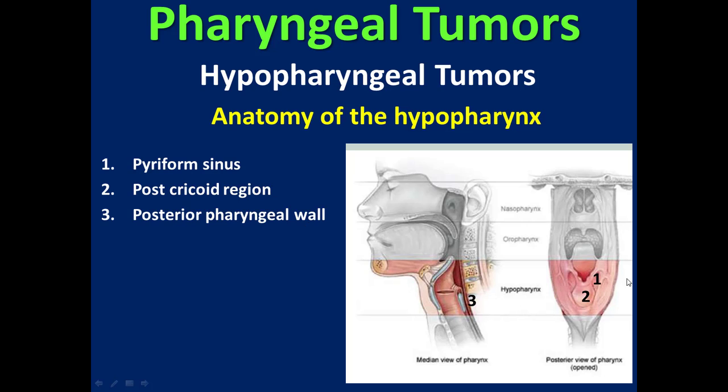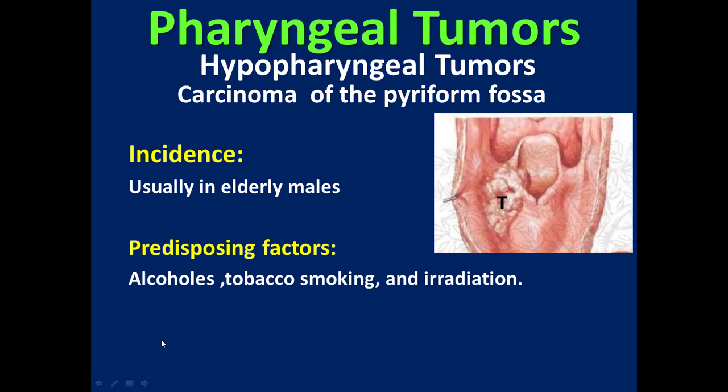This is the piriform fossa, this is the postcricoid, and this is the posterior wall of the hypopharynx. Piriform fossa carcinoma affects only elderly males, and the predisposing factors are alcohol, tobacco smoking, and irradiation.